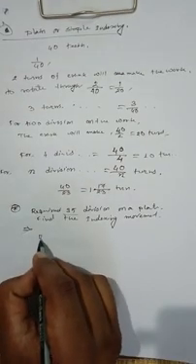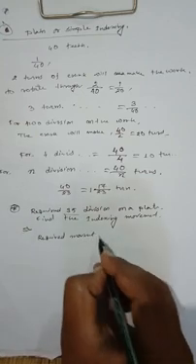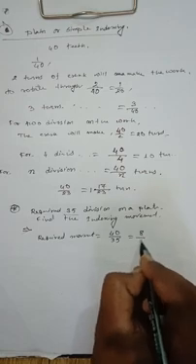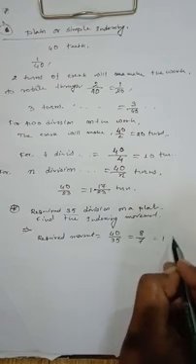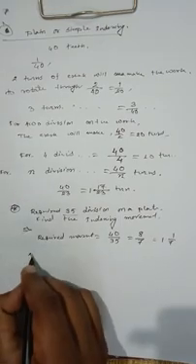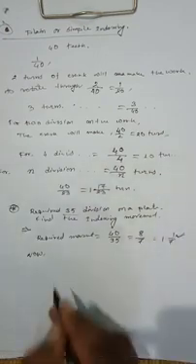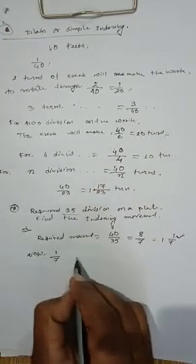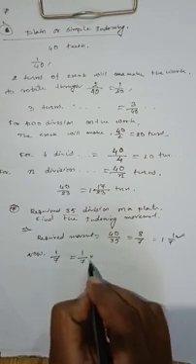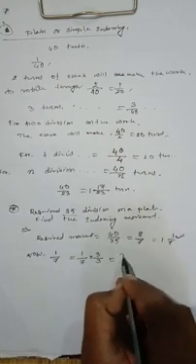The required movement is 40 by 35, which is equal to 8 by 7, which is equal to 1 and 1 by 7. Now this 1 by 7, multiplying both sides by 3, is 3 by 21.